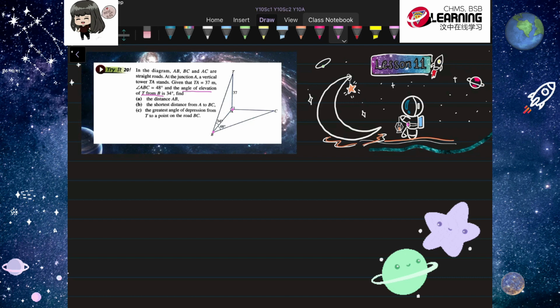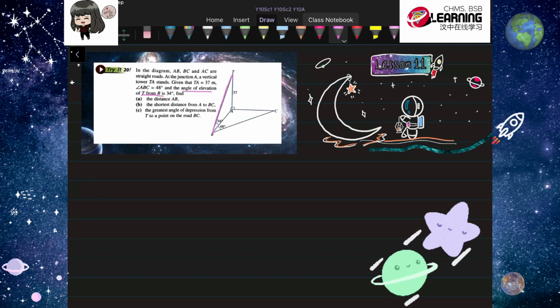So A is also on the ground. That is why your angle TAC is 90 degrees, as already shown on the diagram. And then B is looking up to the tower T. It forms an angle of elevation because it's an upwards angle.